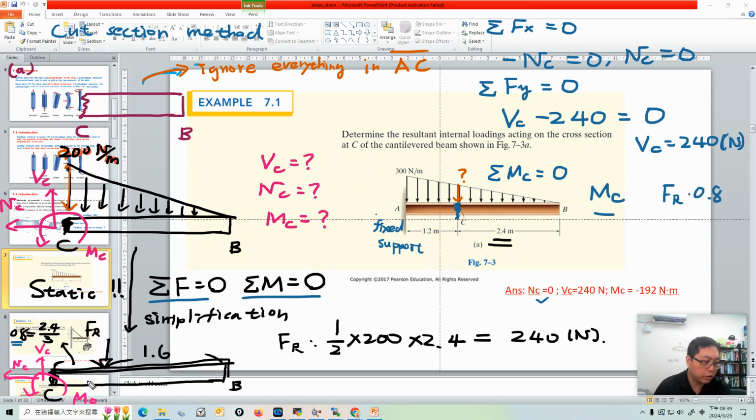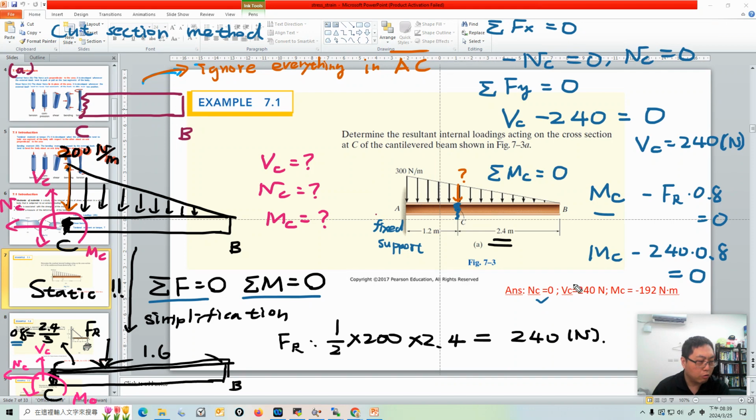If the reference point is C, it will generate a clockwise rotation, so it's negative. MC minus FR times 0.8 equals 0. FR is 240 Newton times 0.8.